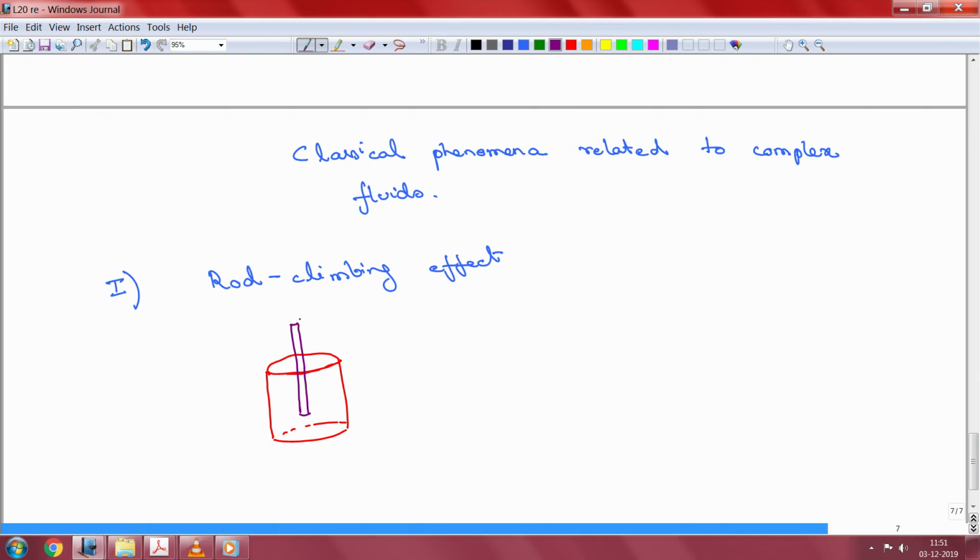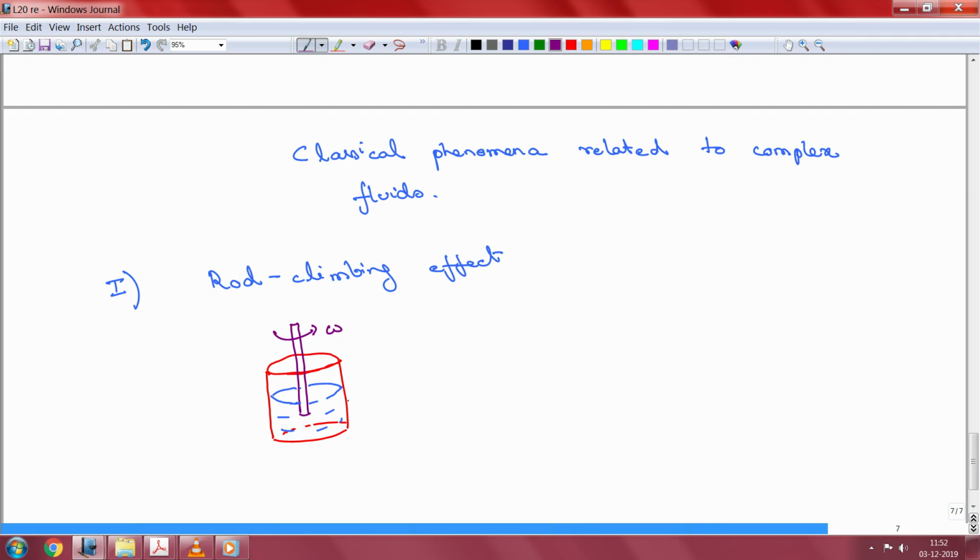Let us say it is a metal rod, and you have a fluid. The beaker is filled with fluid, and what you are going to do is make this rod rotate at a certain angular frequency.